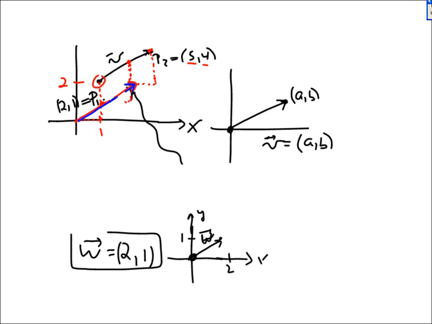If I'm going down 2, that means I'm taking away 2 from the y. And if I'm going to the left 1, that means I'm taking away 1 from the x. That vector v is 4, 2. You do the head minus the tail.